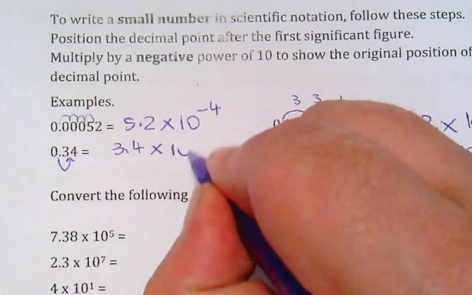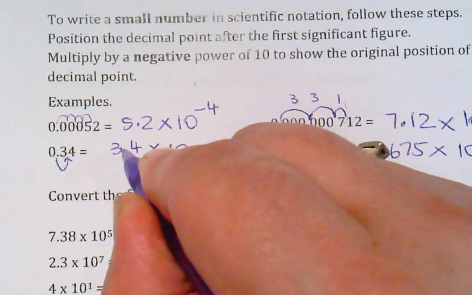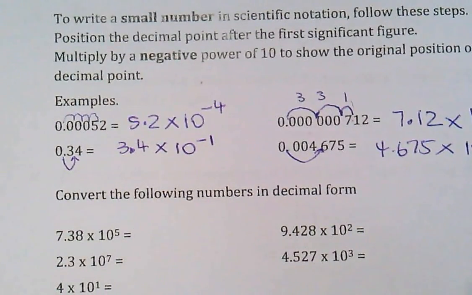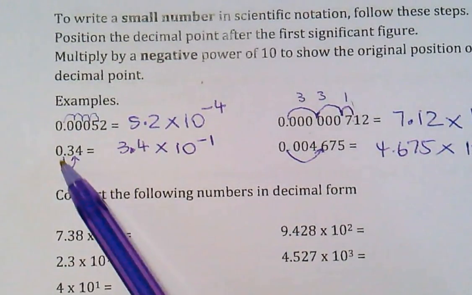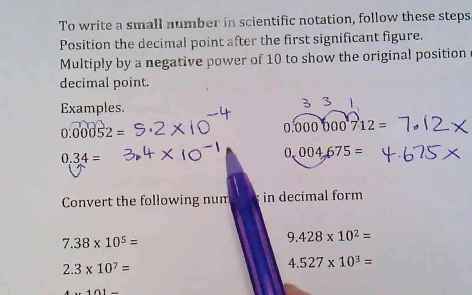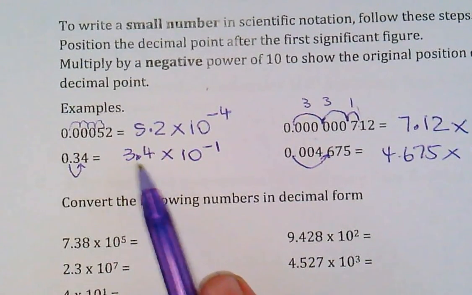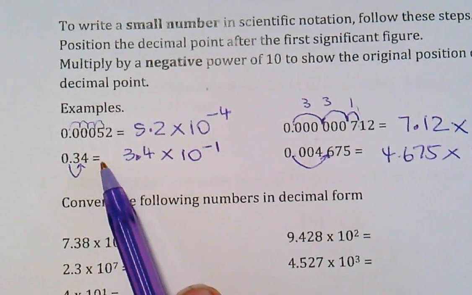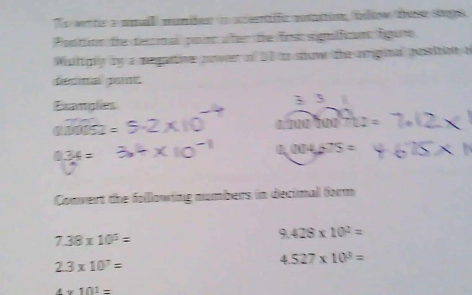So is it 10 to the +1 or -1? No. Because that number's not bigger than 1. For a number less than 1, it's a negative power. Girls, or if you want to check, what's 3.4 times 10? 34. That's not 34. All right?